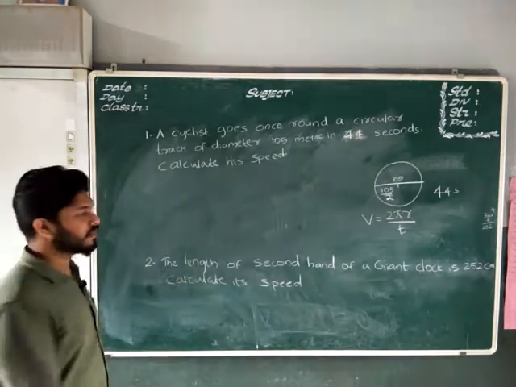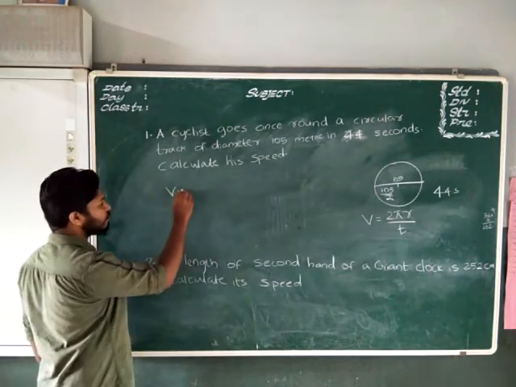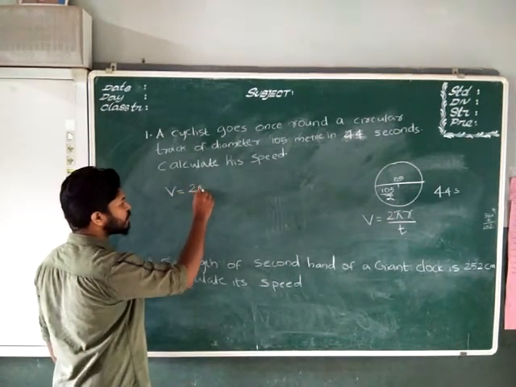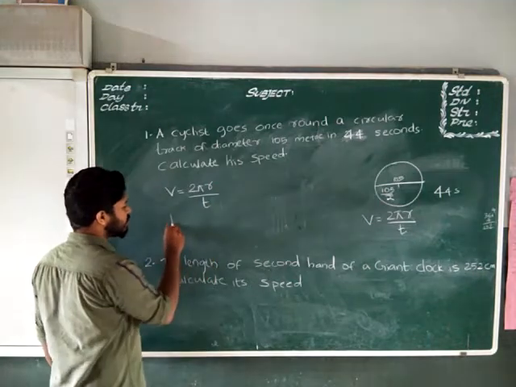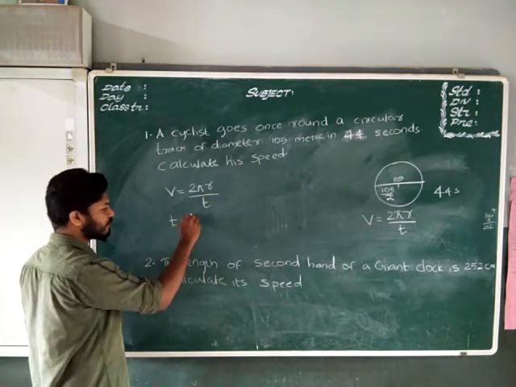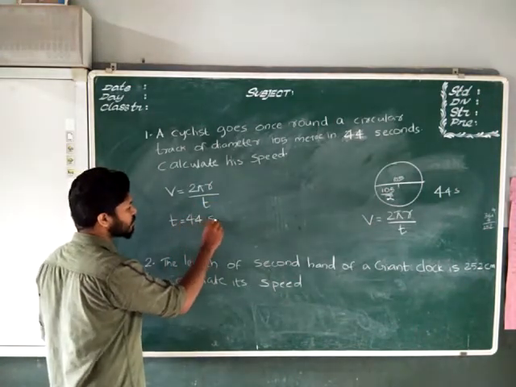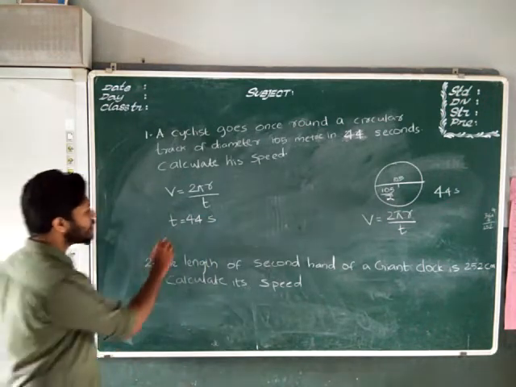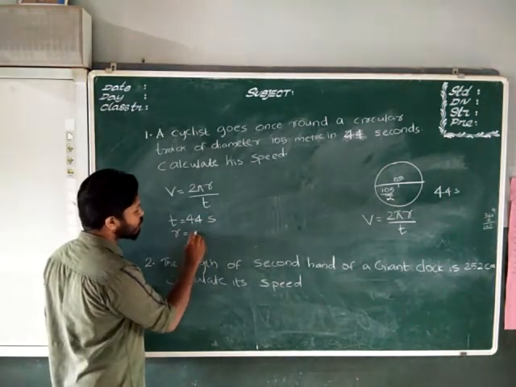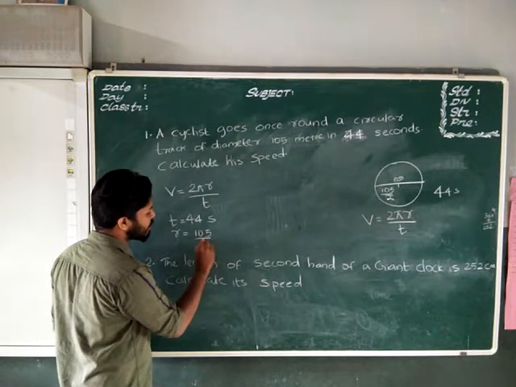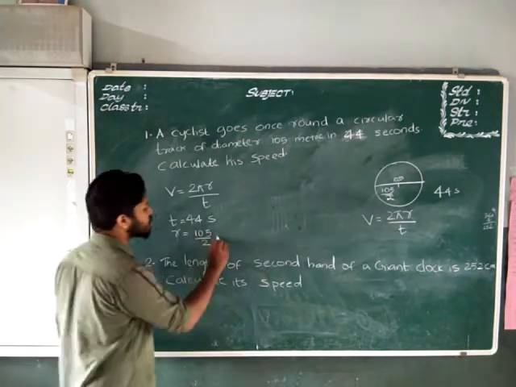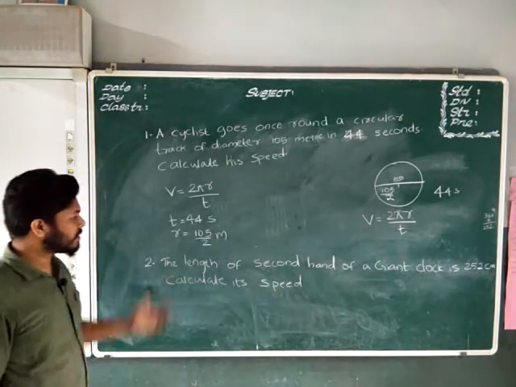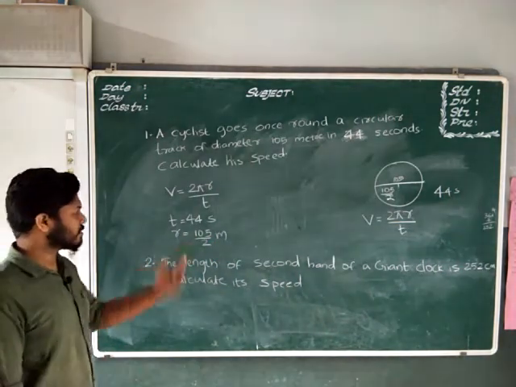Calculate his speed. We know the equation of speed: V is equal to 2 pi r divided by t, where t is equal to 44 seconds. Then radius is equal to 105 divided by 2. It's in meter itself, so we need not convert. Let's write as it is.